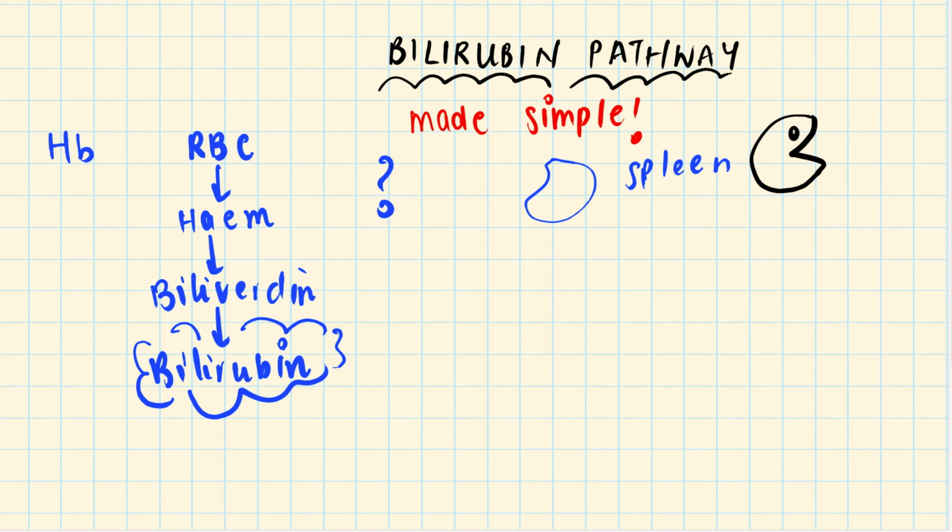We'll make it really simple: the spleen. The spleen is where all these RBCs go, even the old RBCs that are broken down by the reticuloendothelial system. Sounds complicated, but stay with me.